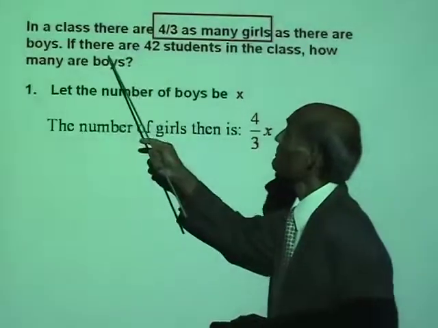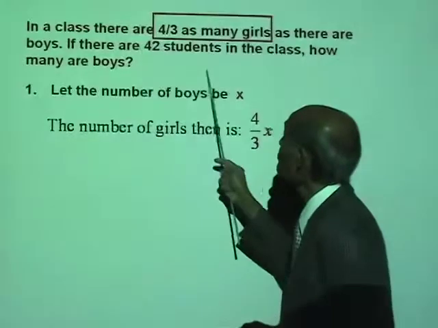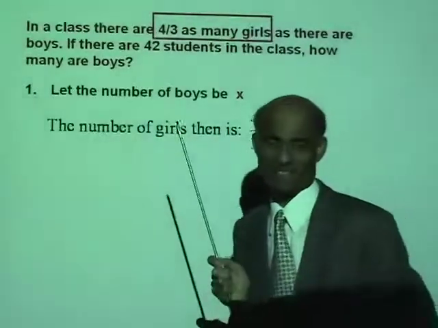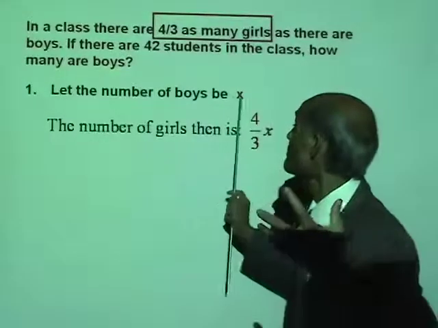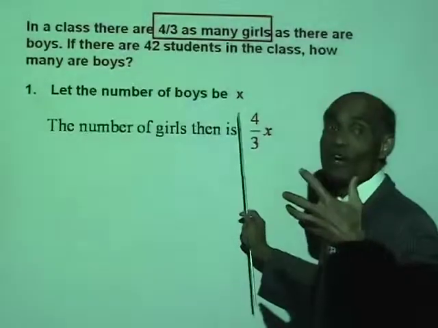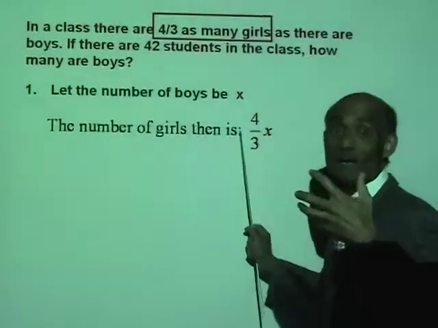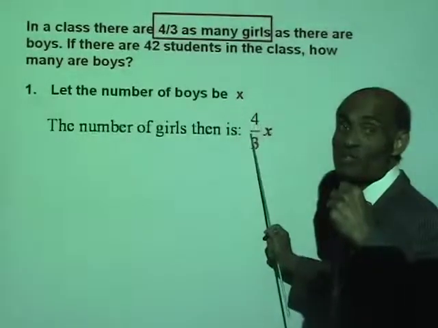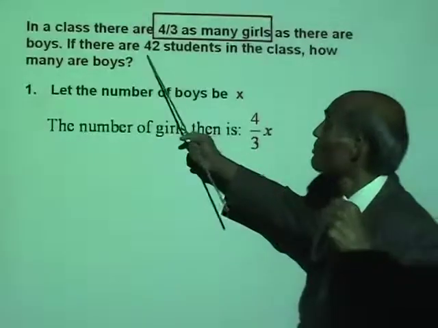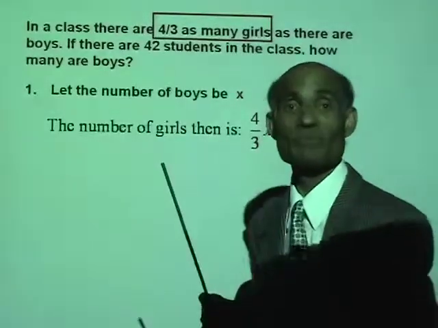It says there are 42 students in the class. Well, the students in the class are made up of these many boys and these many girls. That means if you add the number of boys to the number of girls, you must get 42.